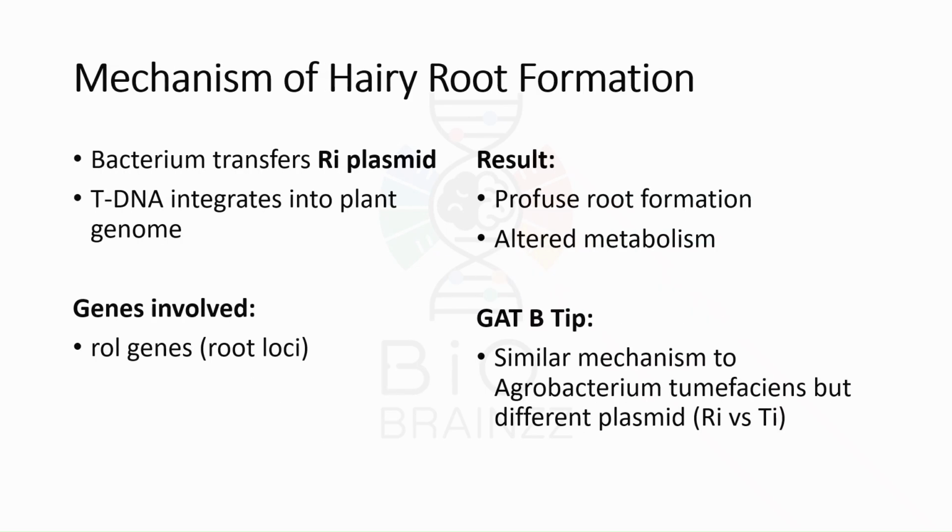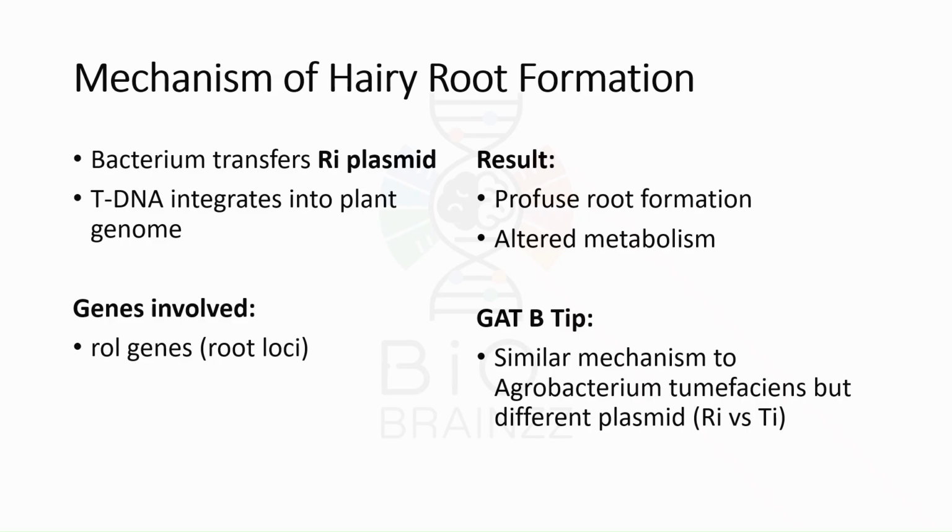In hairy root formation, the bacterium transfers a part of its DNA called RI plasmid into the plant cell. This DNA integrates into the plant genome and changes the normal growth pattern of the plant cells.